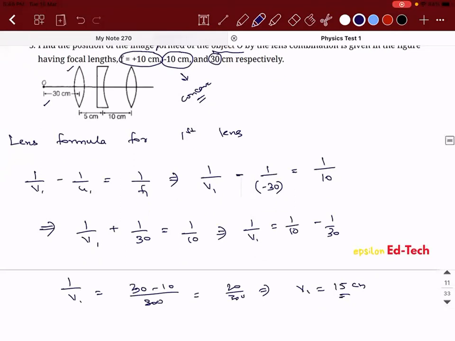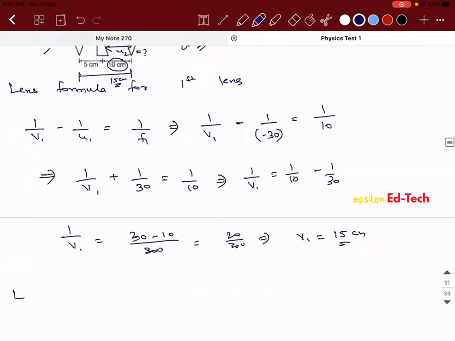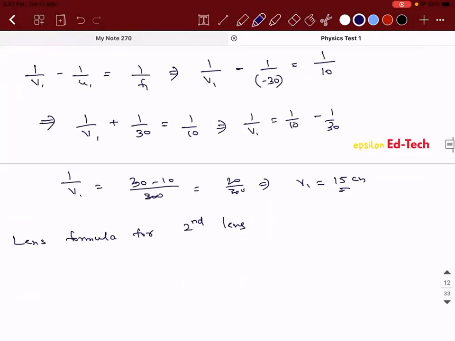So 15 centimeter from the first lens optical center means it is formed at this point. Right? Then with respect to the second lens, what is the object distance? This is U2. You're able to see it in the diagram itself. So U2 is 10 centimeter. Applying the lens formula for the second lens: 1 by V2 minus 1 by U2 is equal to 1 by F2.